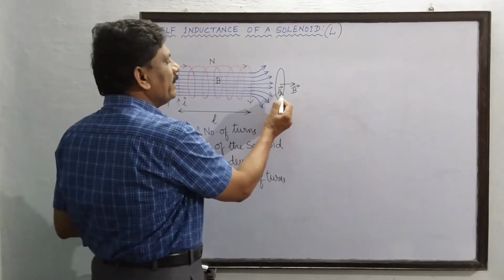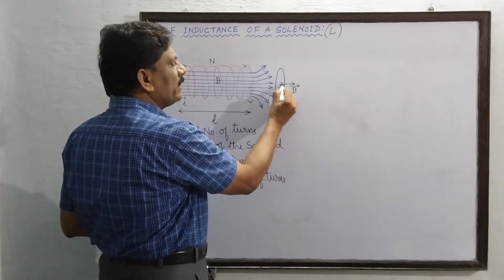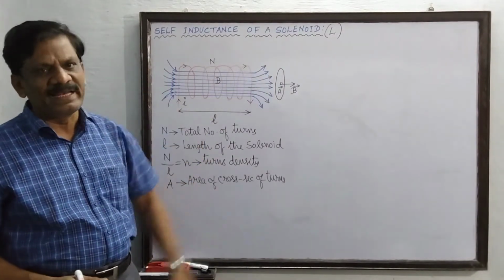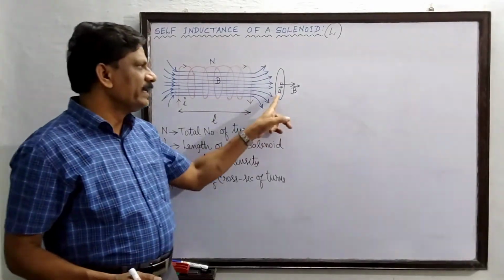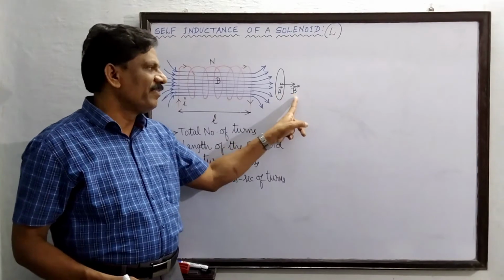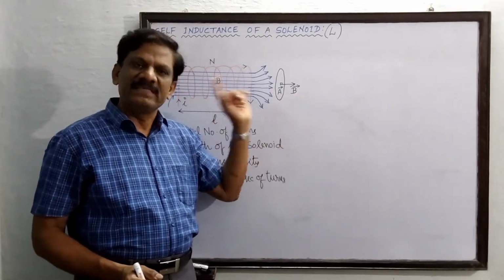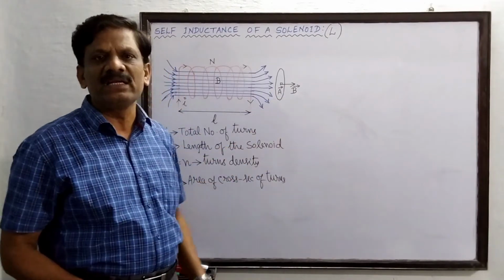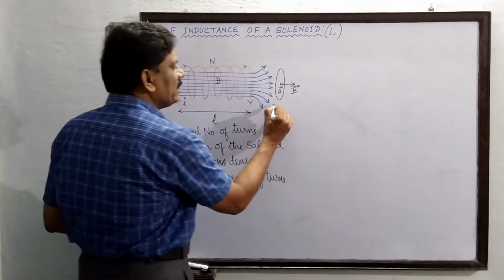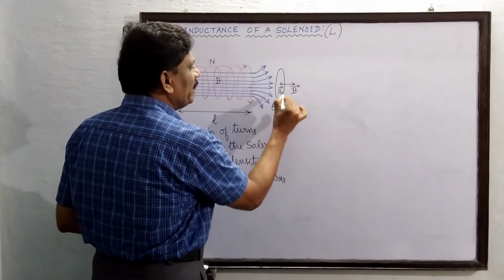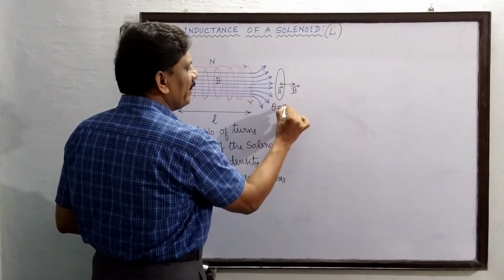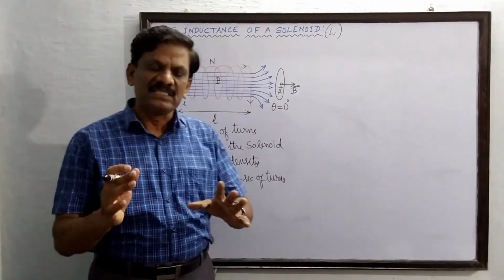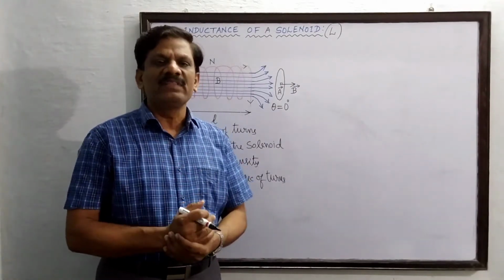If you draw a normal to this plane surface, it is also pointed along the direction of the magnetic field. So the area vector A and the magnetic field vector B are both in the same direction, and hence the angle between the A vector and the B vector is equal to 0. I am going to write here theta, the angle between the area vector and the magnetic field vector, is equal to 0 degrees. So this is the first understanding of the coil.